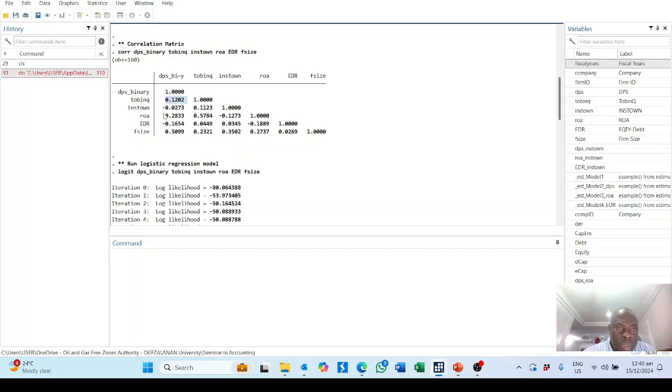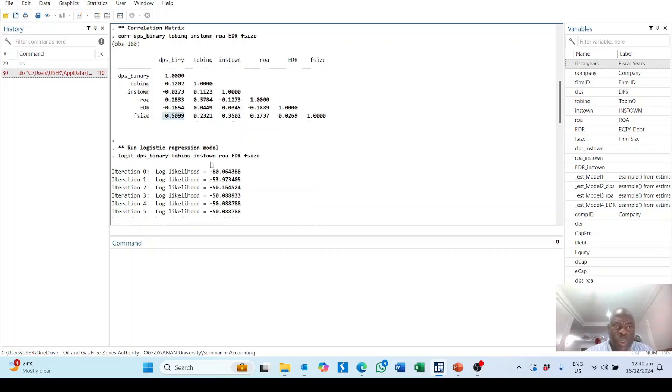ROA is positively correlated. Equity to debt ratio is negatively correlated. Firm size, looking strongly, is also positively correlated with the dependent variable, which is the binary dividend payout.